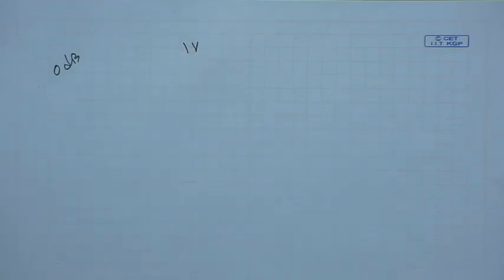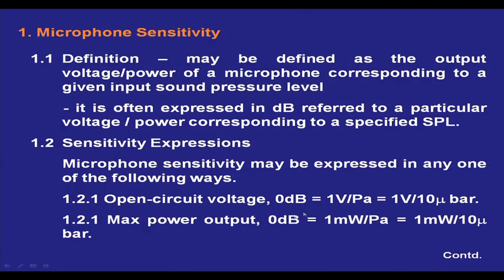I will say the sensitivity of the microphone is 0 dB if I expose this microphone to a 1 Pascal sound pressure and it produces 1 volt output at open circuit condition. So, sensitivity of 0 dB means that at open circuit condition, a 1 Pascal sound pressure produces 1 volt output.